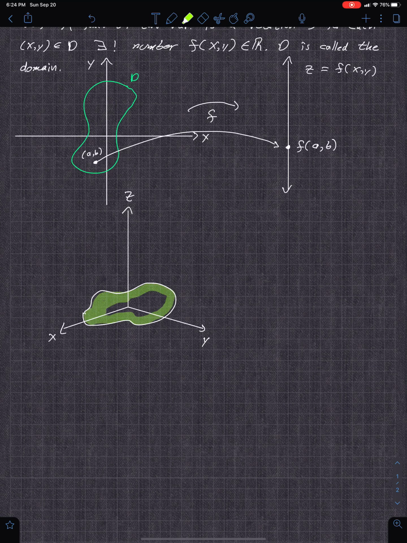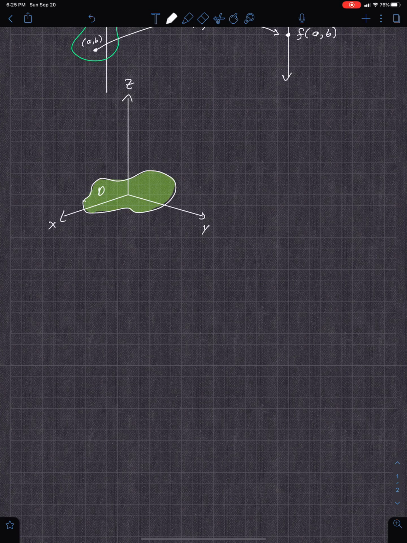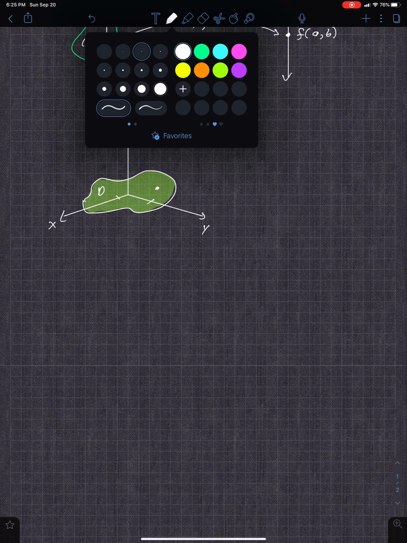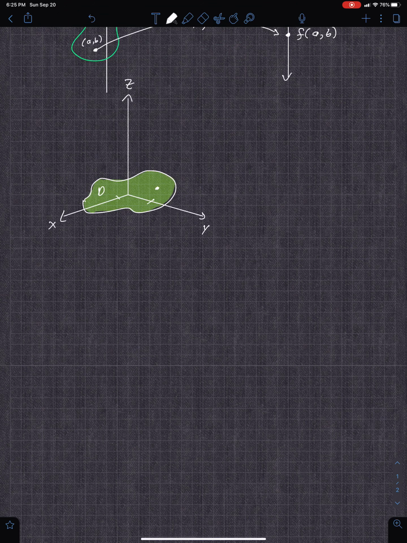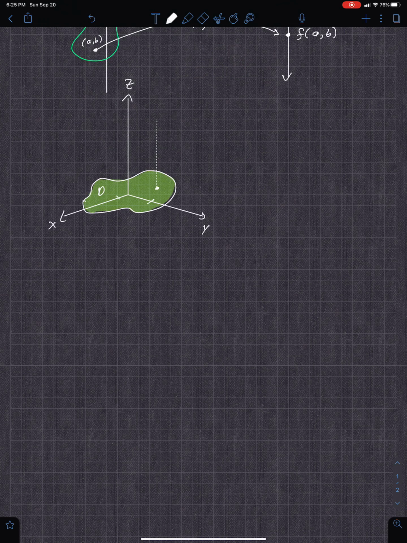And then it's going to map to some value on the z-axis. Okay, so that's D, and you might have a point here, here's your x, y. And then that maps up to a value up on the z-axis, like that. So there's your f of x, y.